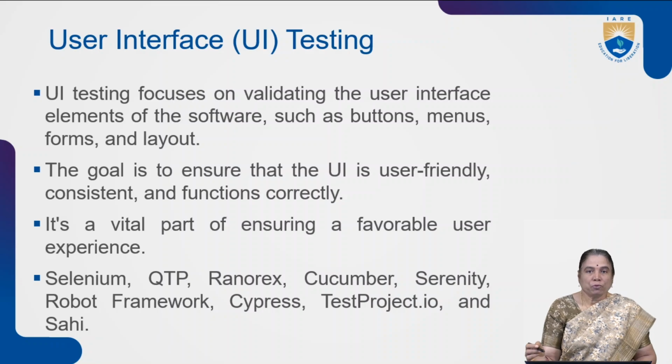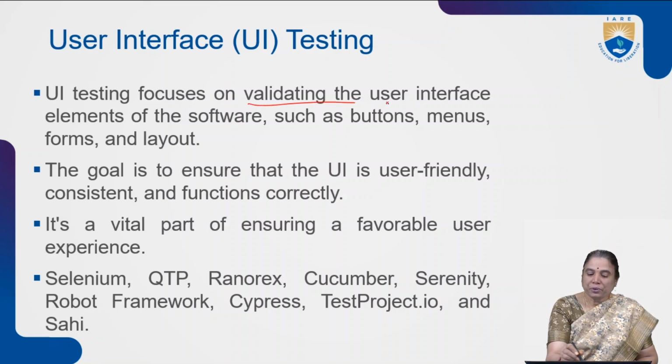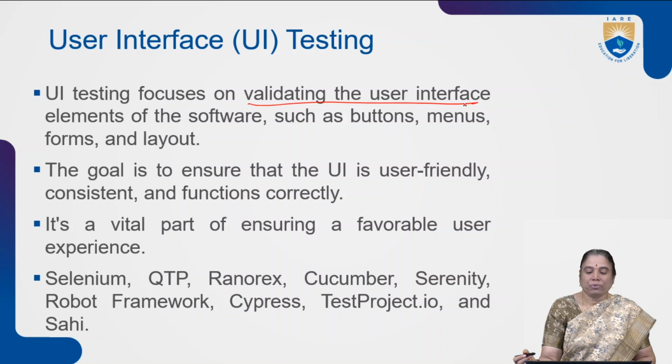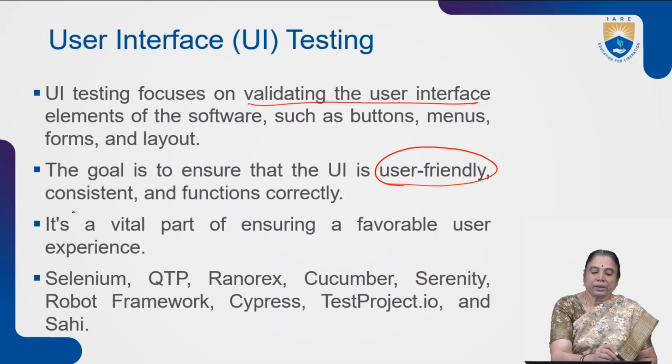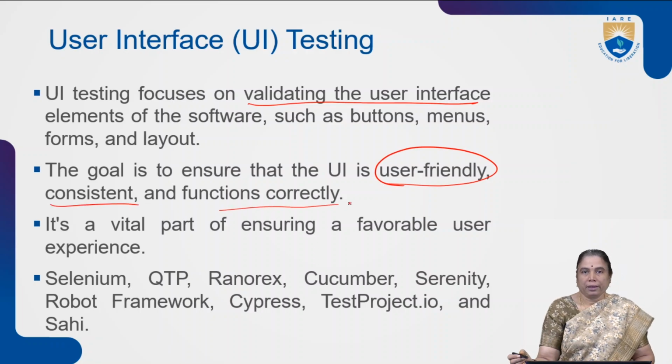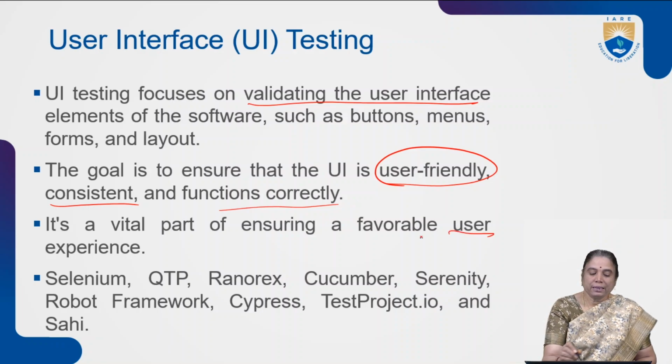Here, UI testing focuses on validating the user interface elements of the software, such as buttons, menus, forms, layout, and the variety of GUI components present, whether those are working properly or not. That verification is done with the help of UI testing. The goal is to ensure that the UI is user friendly, consistent, and functions correctly. It's a vital part of ensuring a favorable user experience.